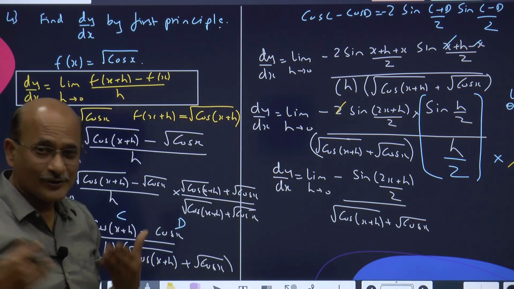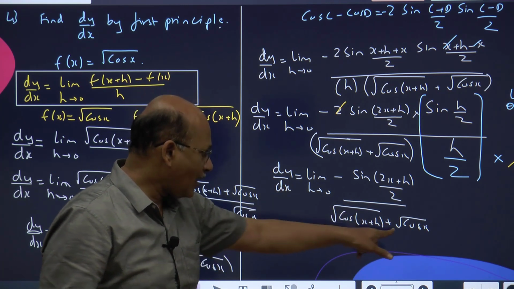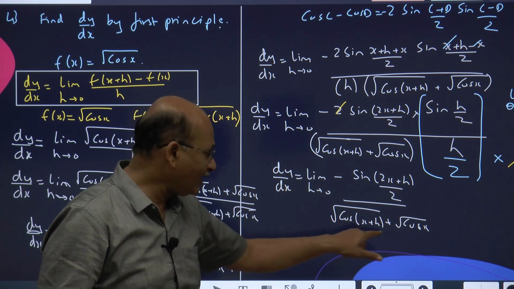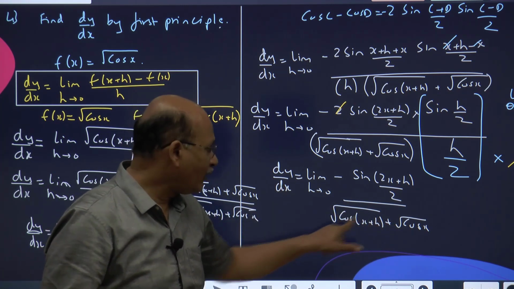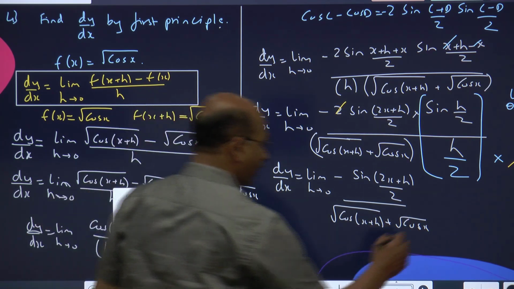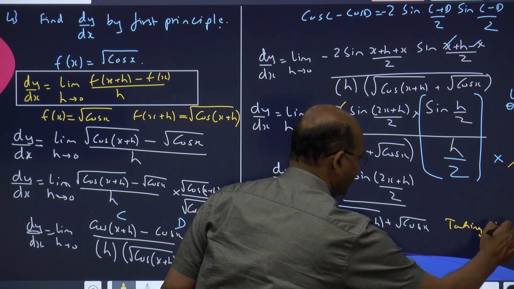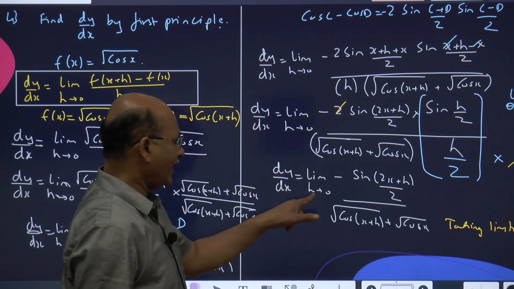Now if you see carefully, if you put h as 0, the denominator doesn't become 0, so I can take the limit, right? What is taking limits? Putting h as 0.